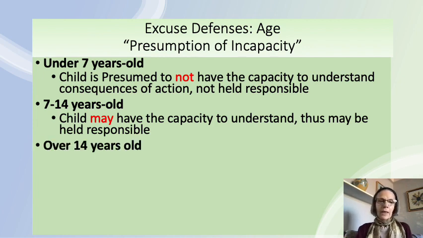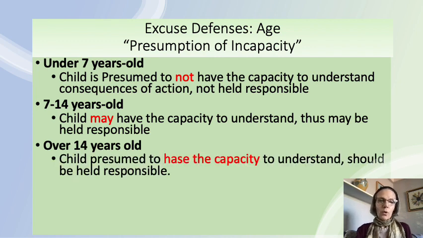Okay. And then over the age of 14, so from 15, 16 to 17, the court assumes that the child does have the capacity to understand the consequences of their actions and the ability to possess mens rea, and that they should be held responsible.